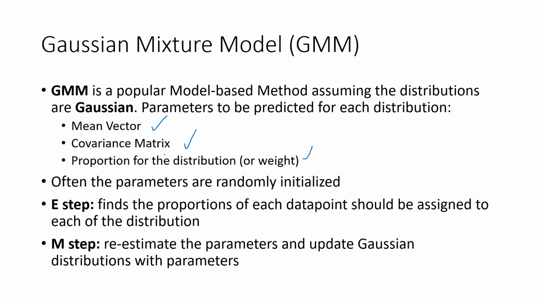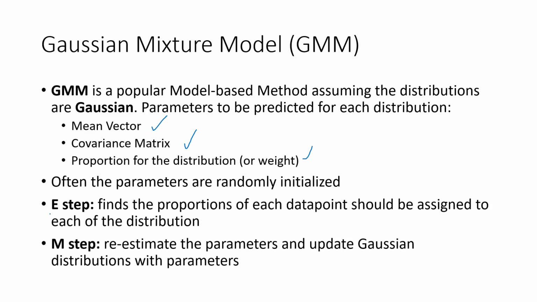Because there are different distributions, the mean values are defined as a vector. The covariance, as the variance between each of these values, would be a covariance matrix, and the proportions of the distributions would be a set of weights: how much proportion there is for each distribution. We initialize the parameters randomly like we did in the k-means algorithm.